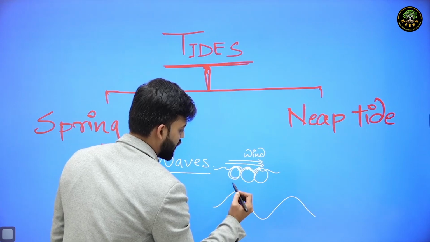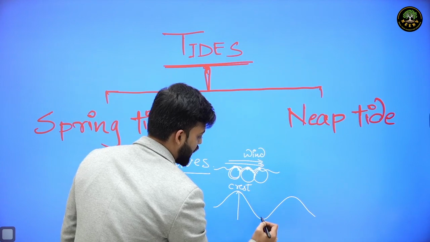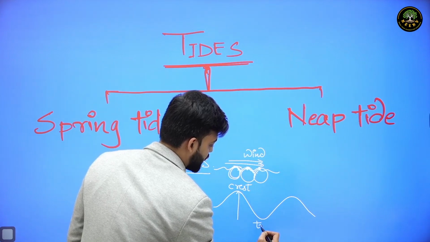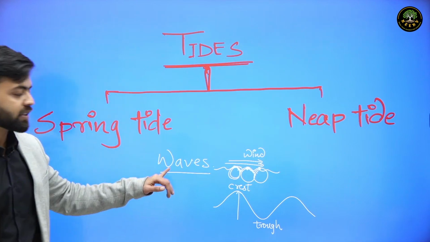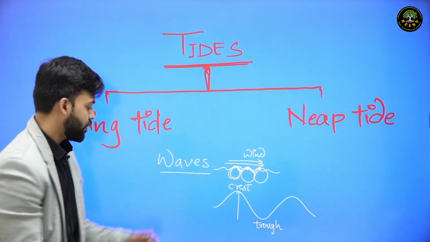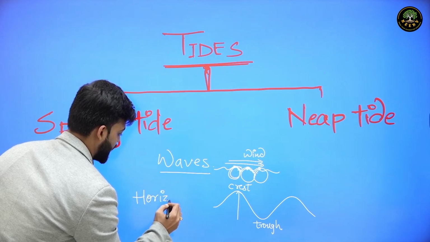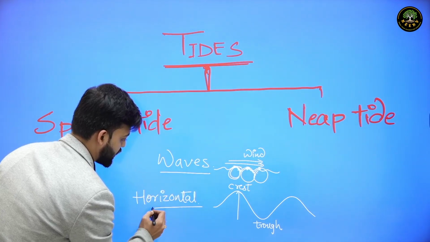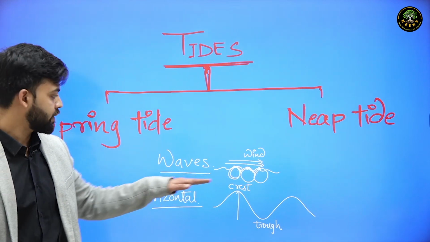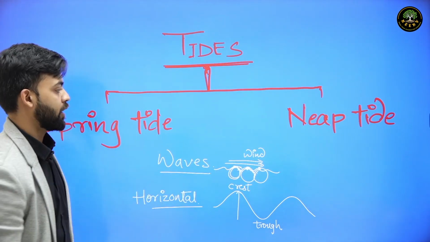This is known as the crest of the wave and this is trough of the wave. So basically wave is nothing but the horizontal transfer of energy along the coast towards the coast of oceanic water.